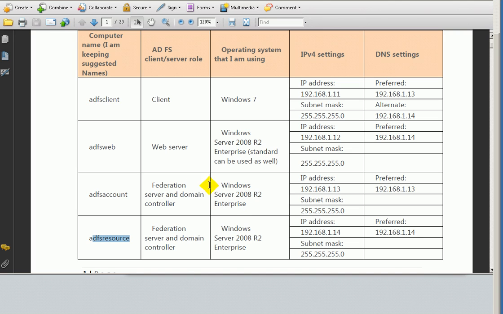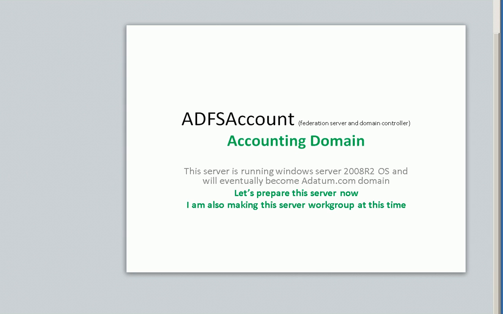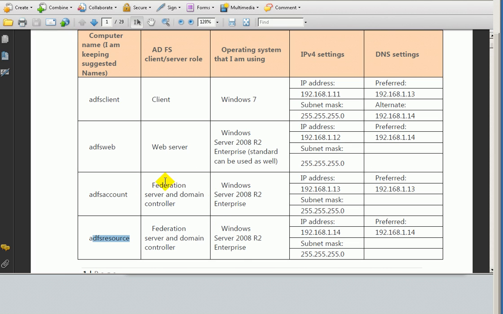So what IP was this one supposed to get? This is ADFS accounting domain. The accounting domain is supposed to be a federation server, and that means you need the Enterprise operating system with Service Pack 1, and the IP is 192.168.1.13.